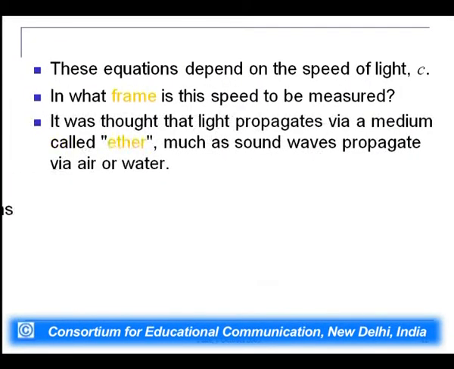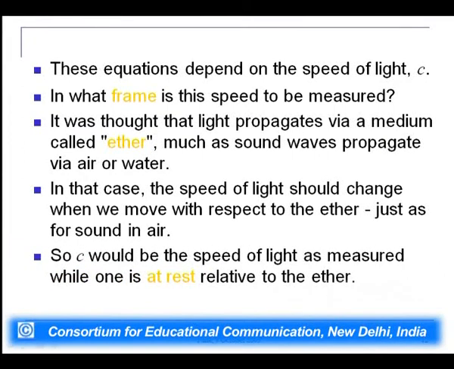These equations depend upon the speed of light. In what frame is this speed to be measured? The question was that we are defining this speed c, but how do we measure it, and in which frame are we measuring the speed of light?